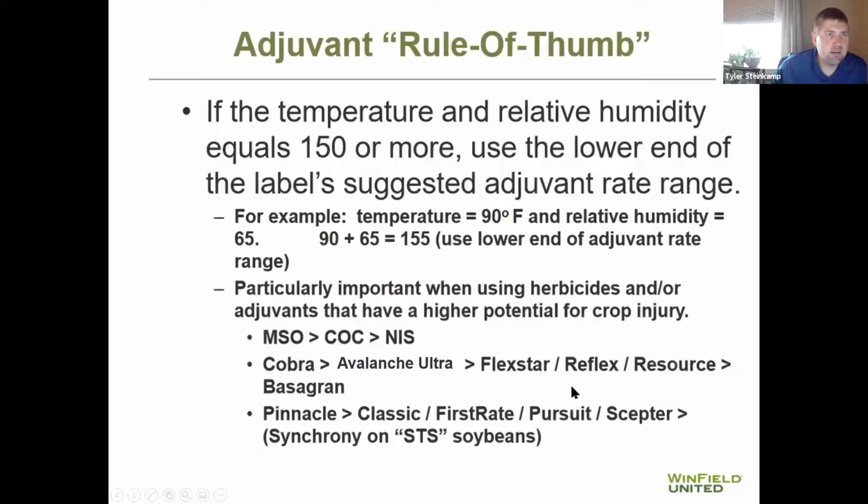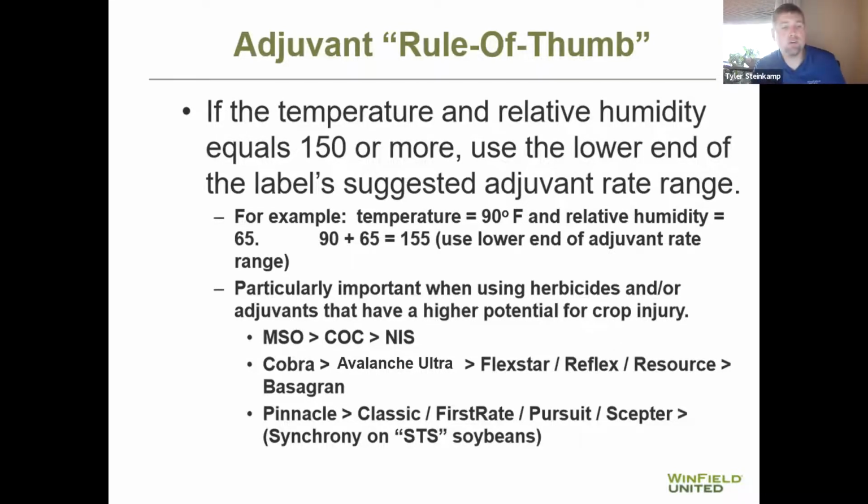Okay. Another thing, we do have a rule of thumb around some of these adjuvants. When we have a relative humidity and a temperature together equaling greater than 150, and this one uses 155, I use 150, we need to back off on some of the oil rates that we have.